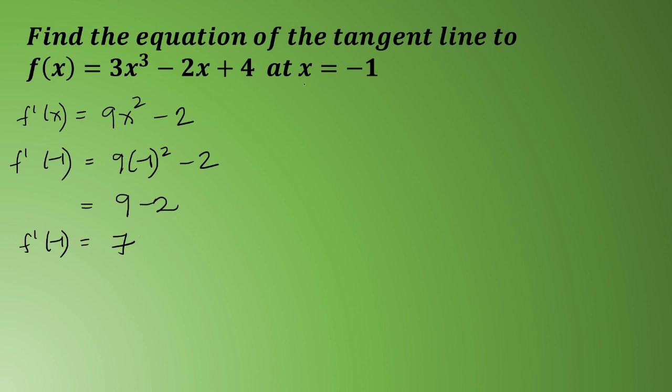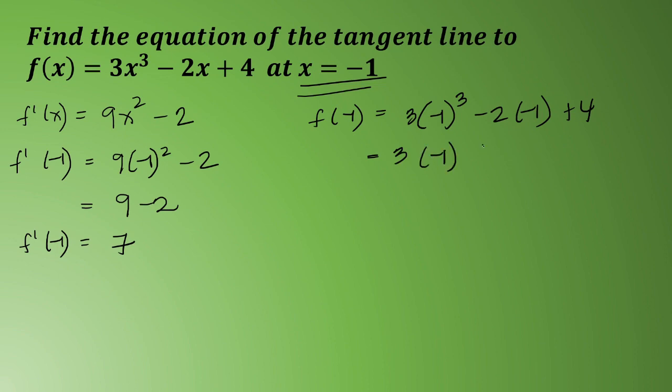Now, let us first find what is the value of y when x is equal to -1, or let us identify f of -1. So this would be 3 times -1 cubed minus 2 times -1 plus 4. So I have 3 by -1 plus 2 plus 4.